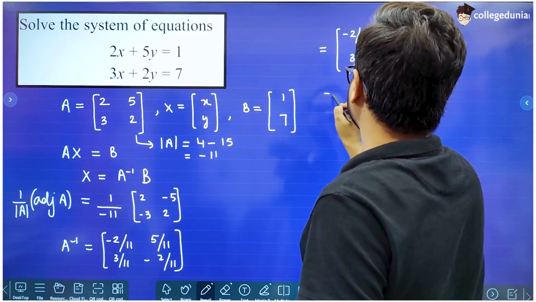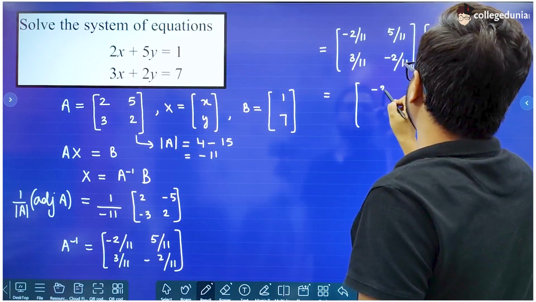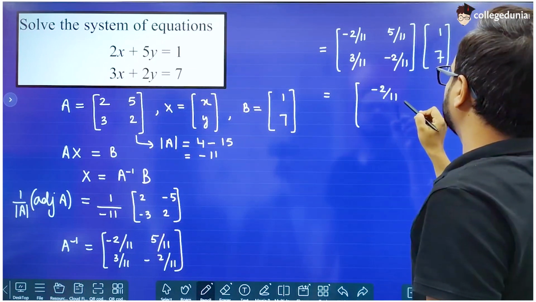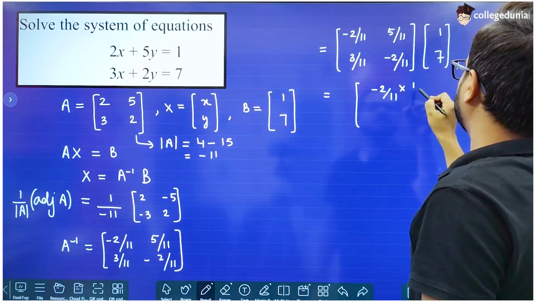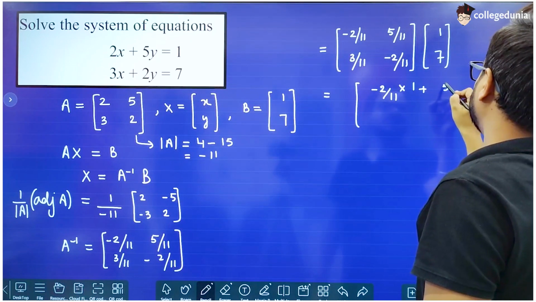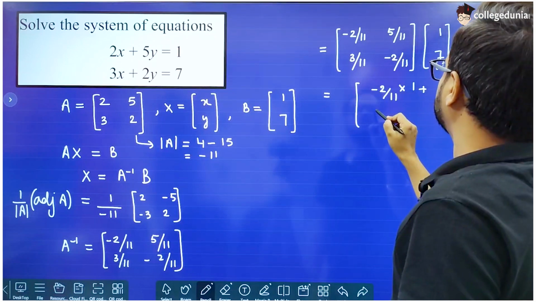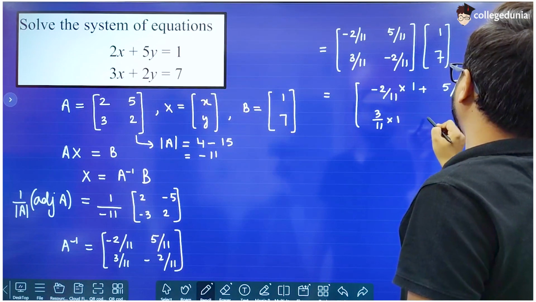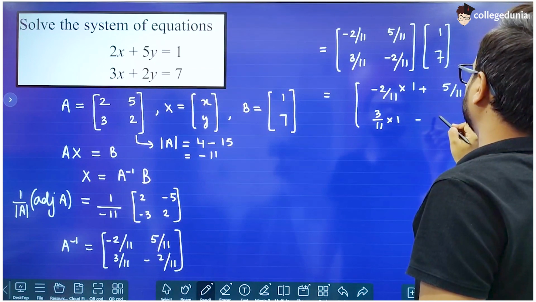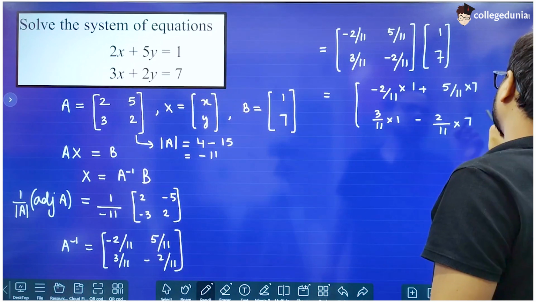So this is minus 2 by 11 into 1 plus 5 by 11 into 7, 3 by 11 into 1 plus minus 2 by 11 into 7.